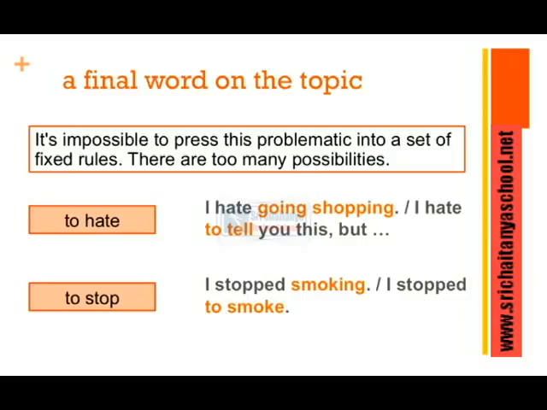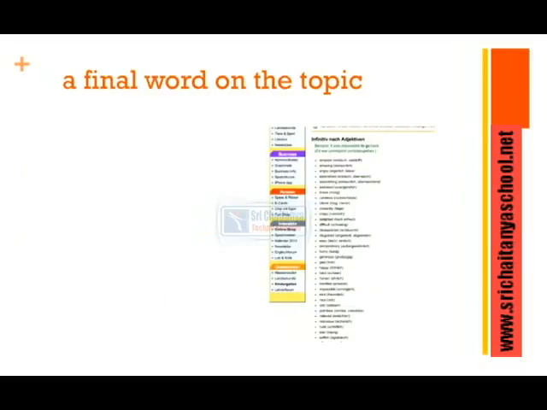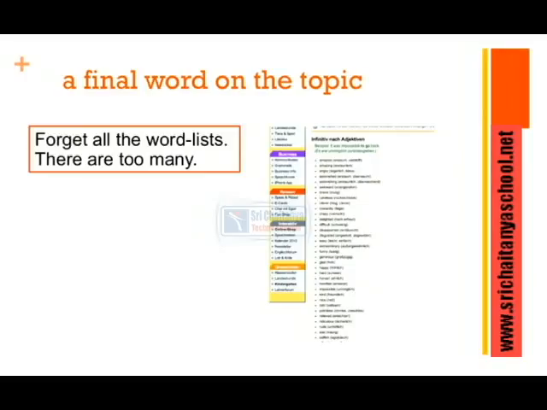And so it's quite difficult to give you a rule here on when to use which. It's just something that you have to feel. On the internet, when you Google this, they give you lots of lists with adjectives and verbs and nouns followed by gerund, but there's just too many of them. So forget about all the word lists. This won't help you.